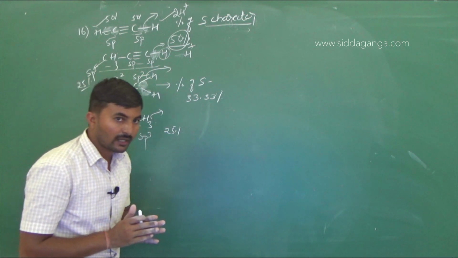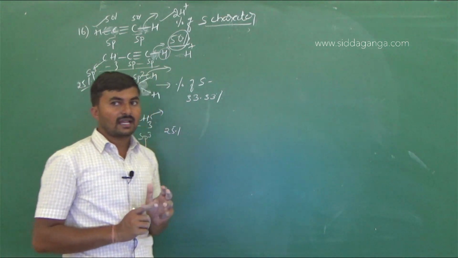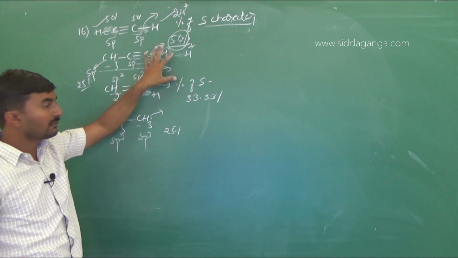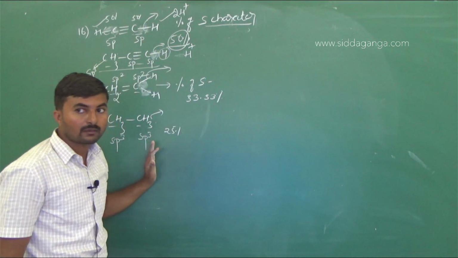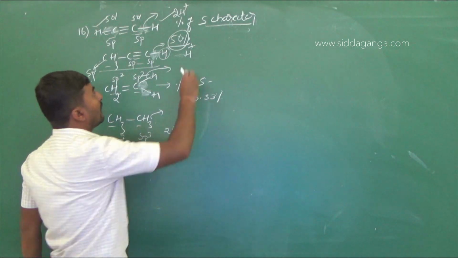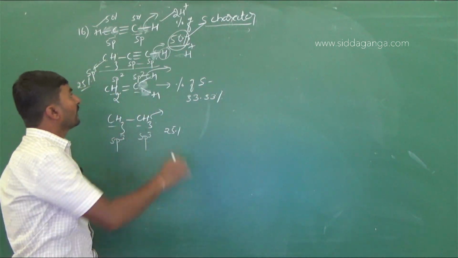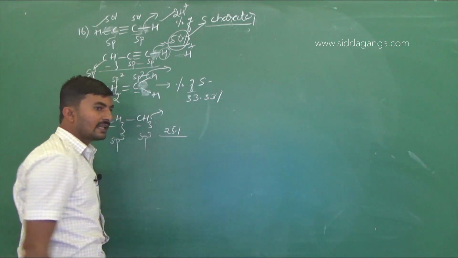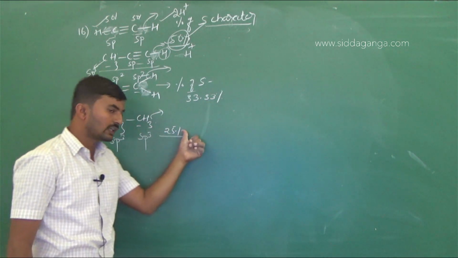That is why when we compare the s character of a triple bonded carbon atom, double bonded carbon atom and a single bonded carbon atom, the triple bonded carbon atom will have 50% of s character, double bonded will have 33% and the single bonded carbon atom will have 25%.